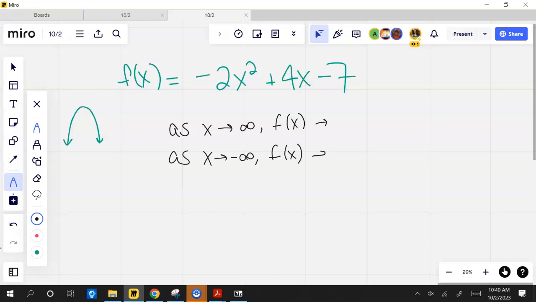The end behavior. Because we know all end behaviors consist of two sentences that are exactly the same other than that very last value, I can write that out. That's the first part every single time on every one of these.